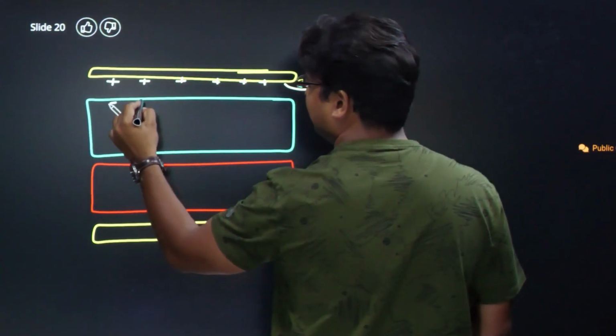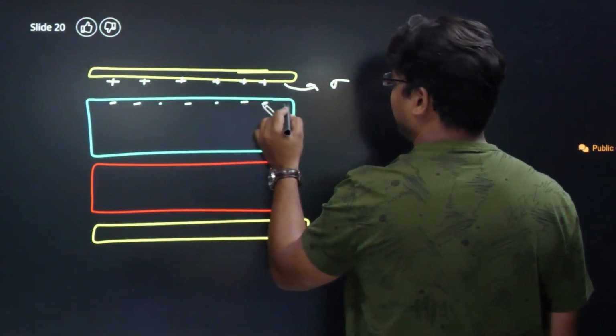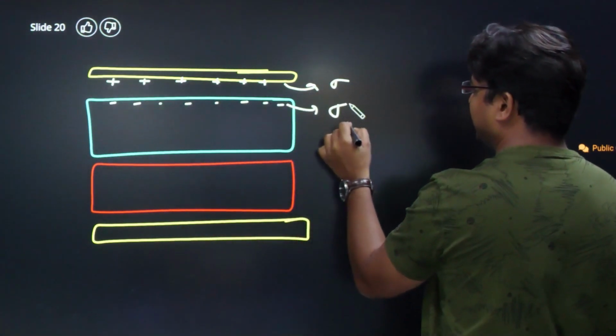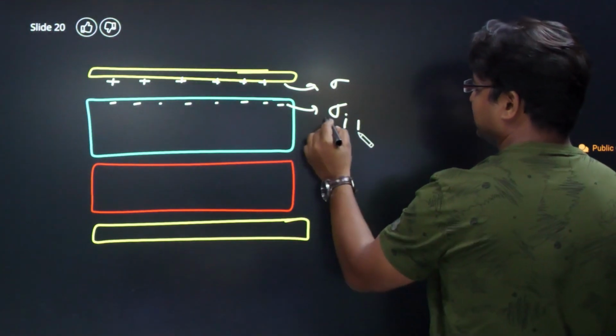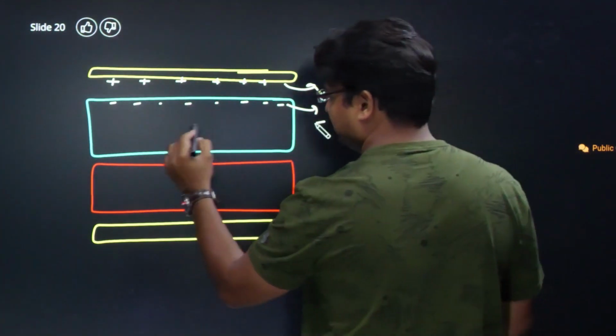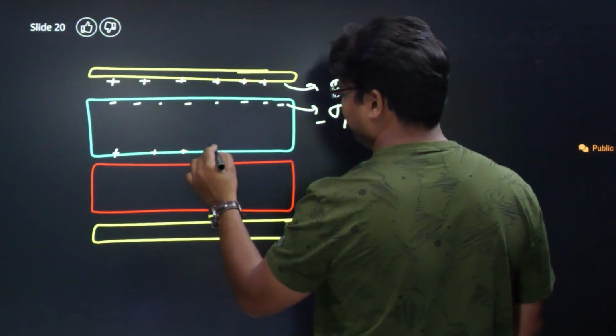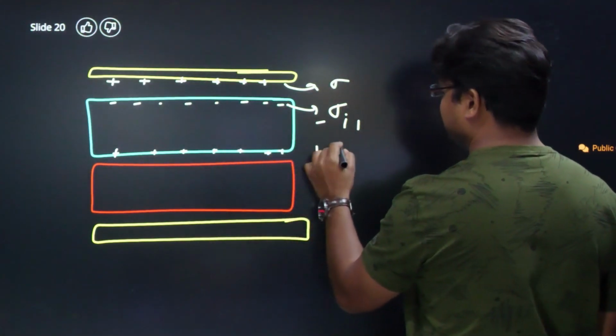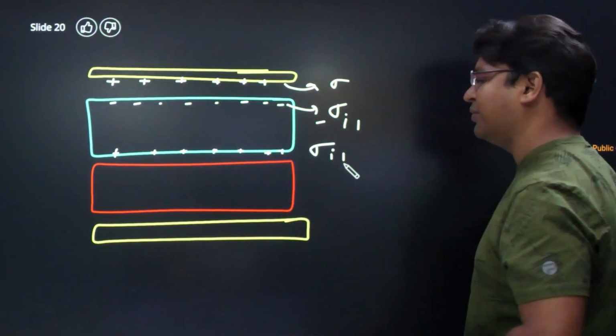Alright, we will get some induced charge density here, let me call it sigma induced 1. This will be negative. The same magnitude will appear here with a positive sign, sigma induced 1 with a positive sign.